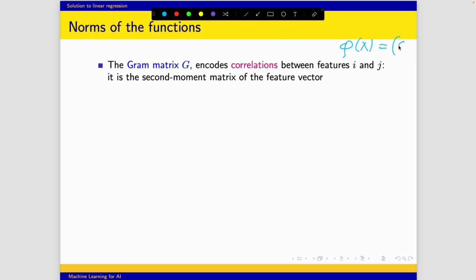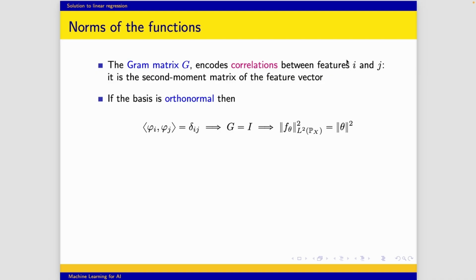So this is going to become a random vector psi 1 of x up to psi p of x. So it encodes the correlations between the ith and jth components of this. Or we can call it the second moment matrix of this feature vector. Right? So let's not get too hung up on this right now. We'll come back to it much later.